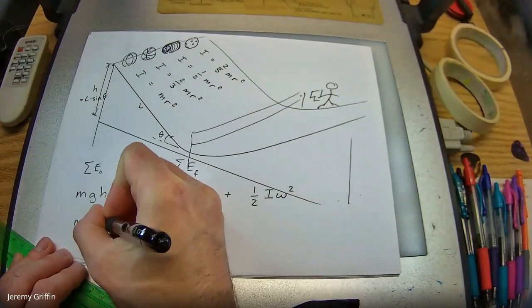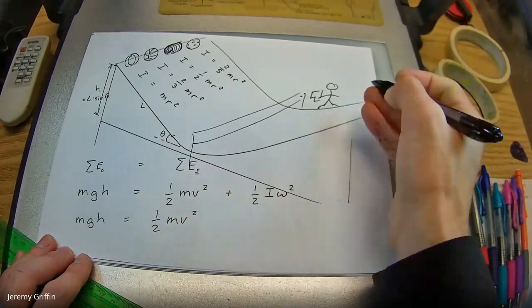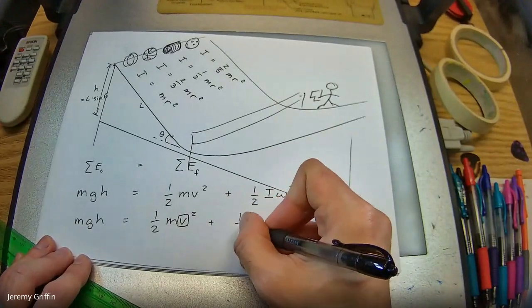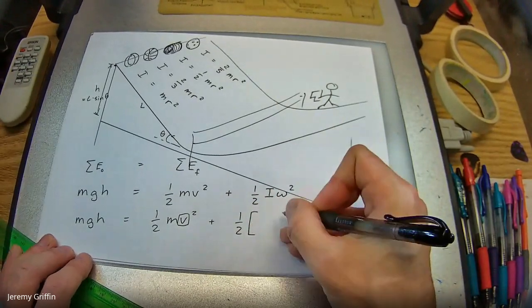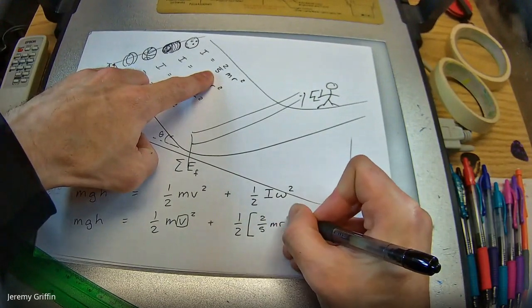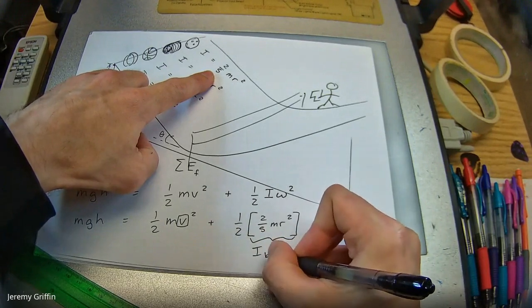Let's make some substitutions. I'll leave the 1/2 mv squared like it is, because if the question is what's v, maybe I want to hone in on that. But instead of I, I'll substitute in 2/5 mr squared, because this would be I for the bowling ball.